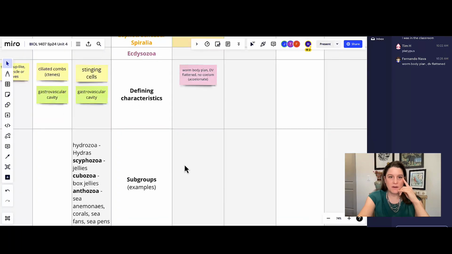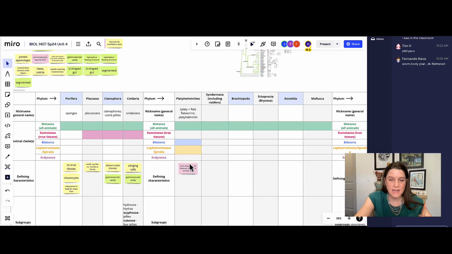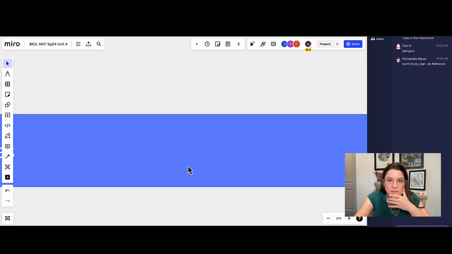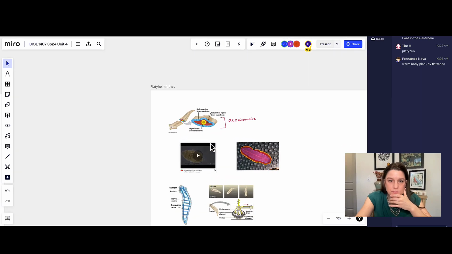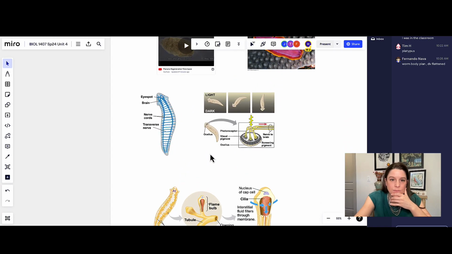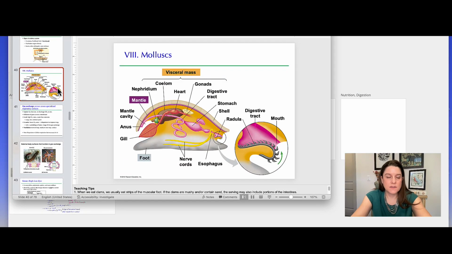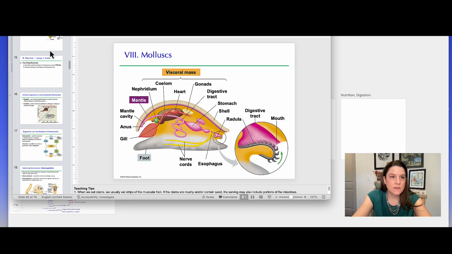So let's talk about the types of subgroups we have here. Oh, I should say, do I have a picture of this? Sorry, I'm zooming a little bit, but I don't have this up. Let's see if there we go.